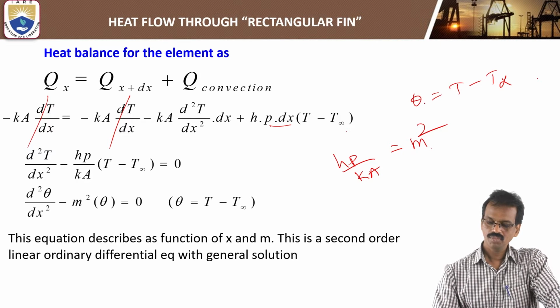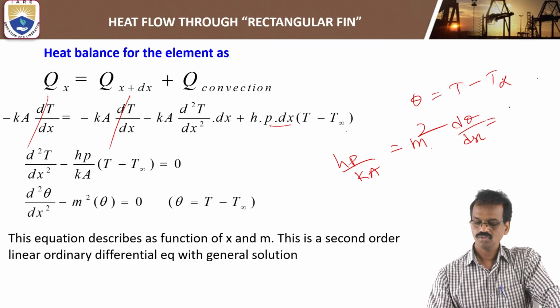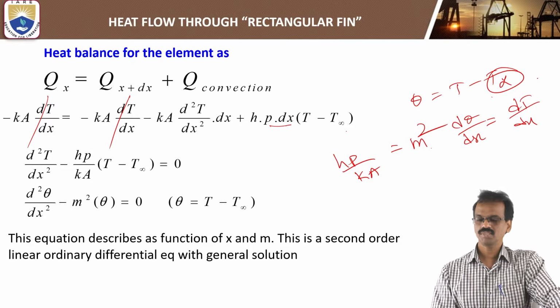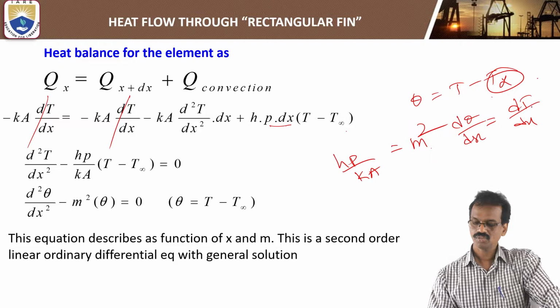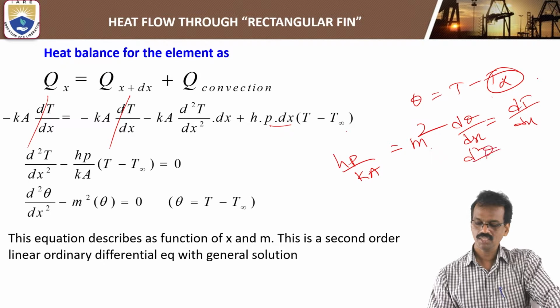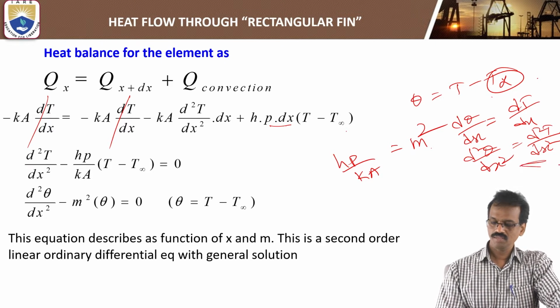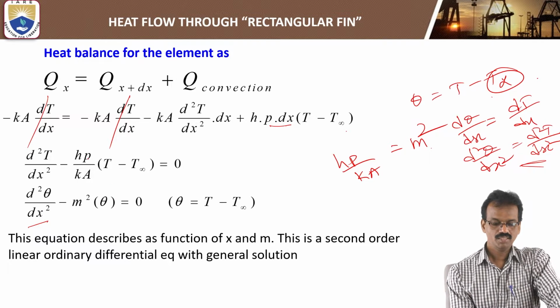If you differentiate theta with respect to x, d theta by dx is equal to dT by dx, because T infinity, the ambient temperature, is a constant with respect to direction x. So d theta by dx is equal to dT by dx, and d square theta by dx square is equal to d square T by dx square. You can rewrite it like this: d square T by dx square is nothing but d square theta by dx square, minus hP by kA.